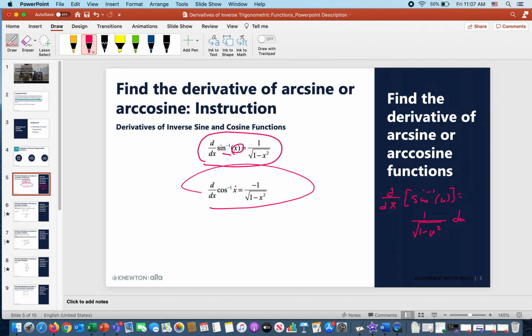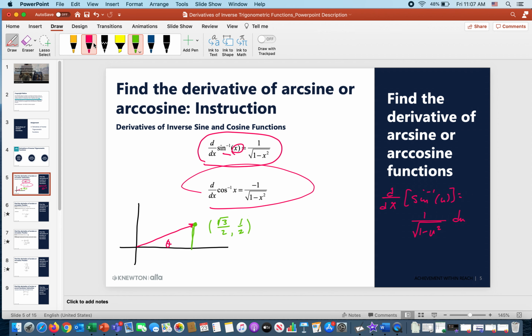Now, just briefly, I do want to give you a reminder of what we mean when we say the inverse trig functions. Okay, so if I said to you, we have some angle theta, and that angle theta goes through this point, square root of 3 over 2 comma 1/2.